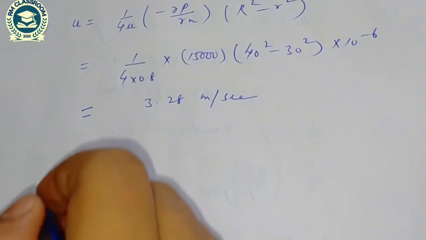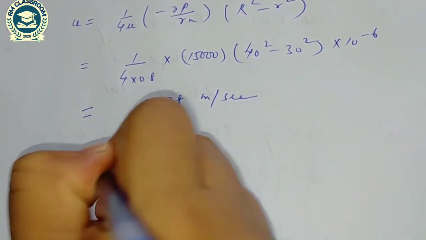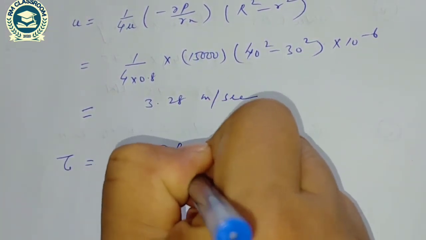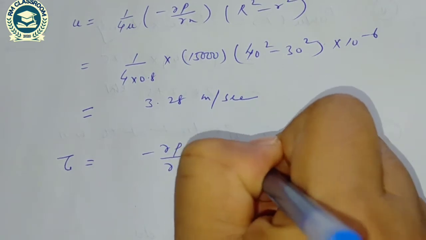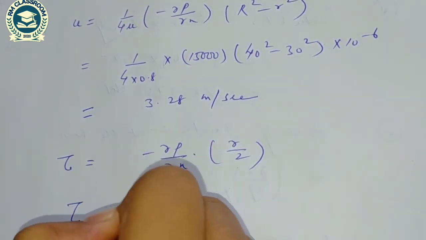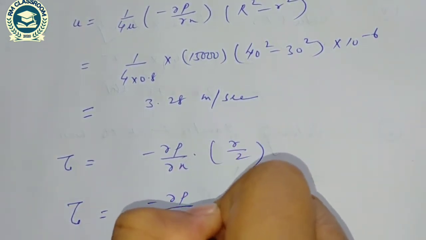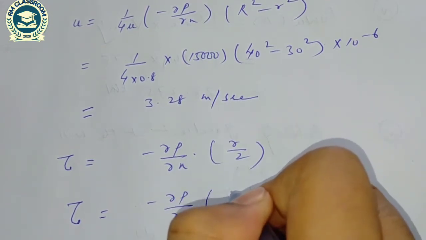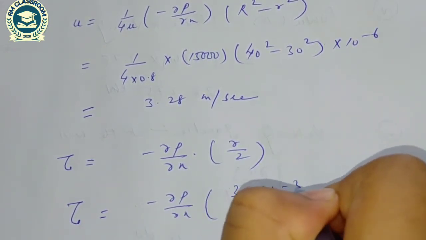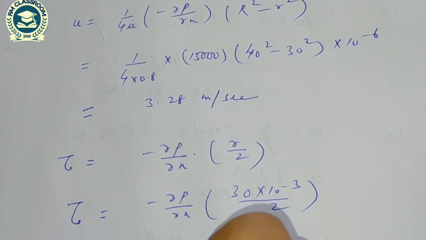Similarly, shear stress can be computed as shear stress is equal to minus del P by del X into r by 2. So shear stress is 15,000 into 30 into 10 to the power minus 3 divided by 2.